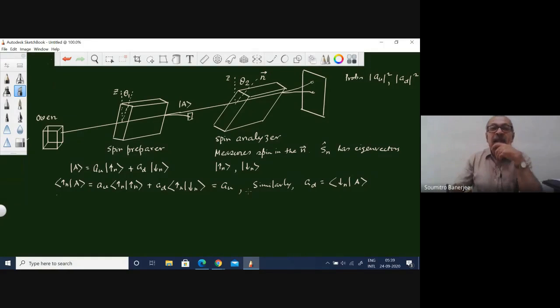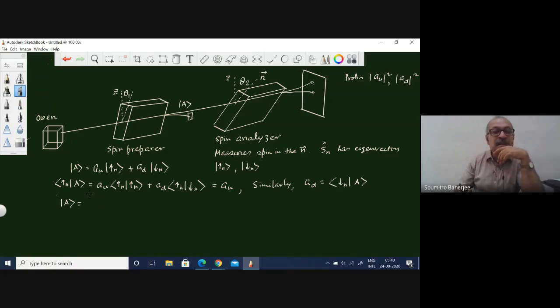Now spin analyzer is at an angle theta2 and spin preparer is at an angle theta1. So we can write, we have already seen that a spin prepared in any particular direction can be expressed as A, it is at an angle theta1. So theta is there, but phi is 0 because it is flowing in the y direction.